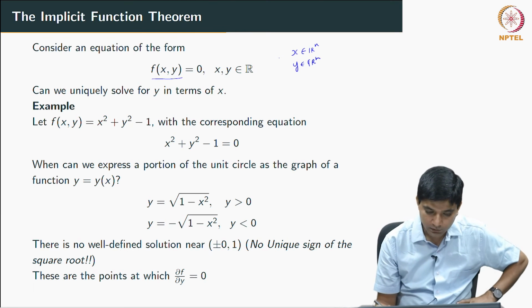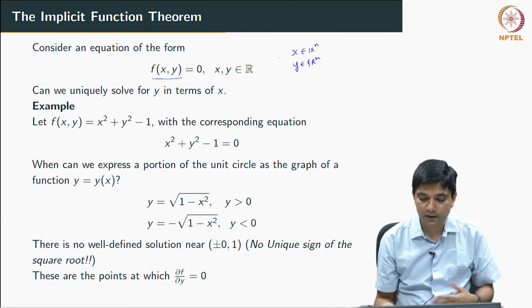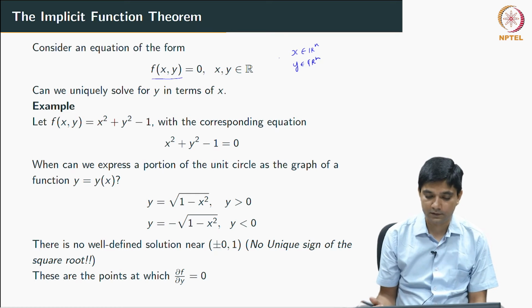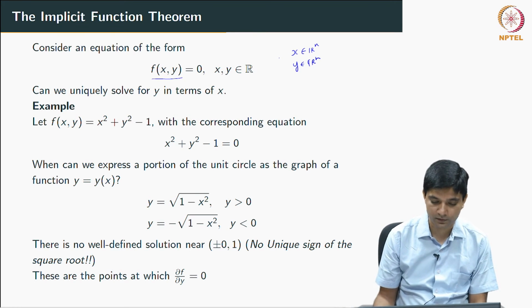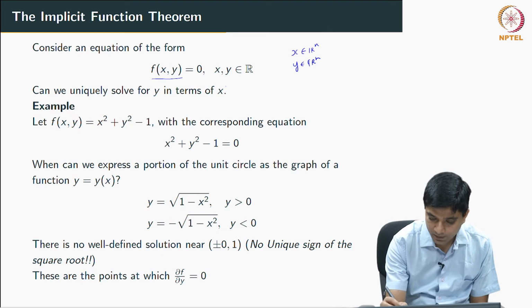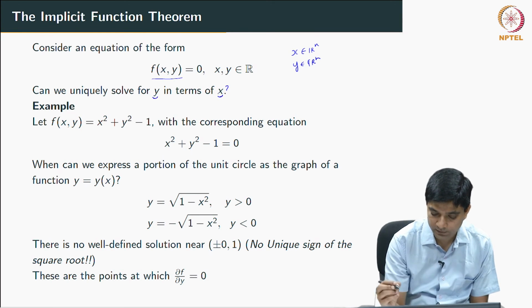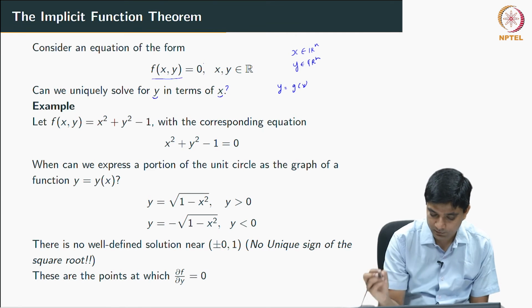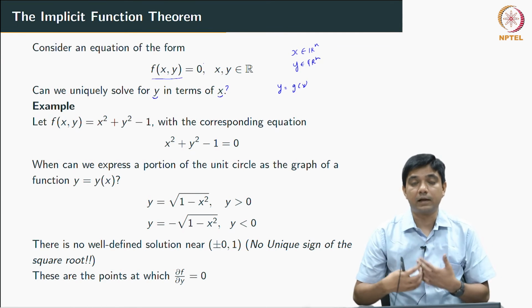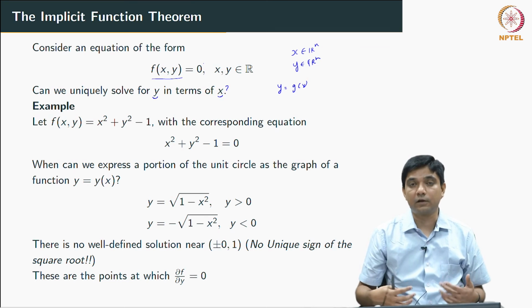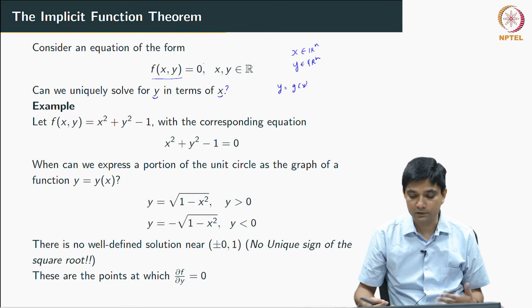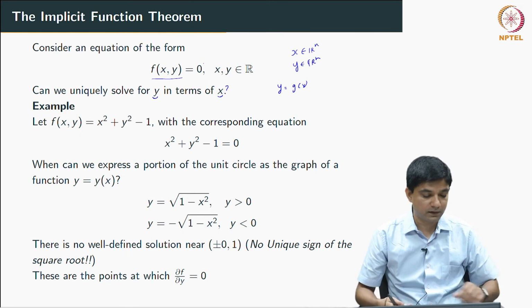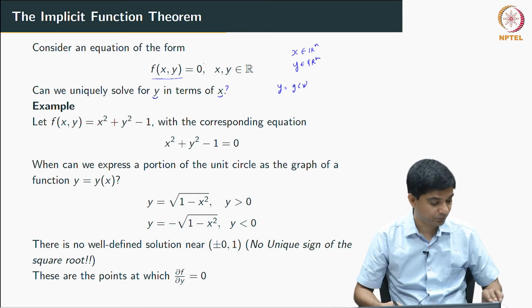Before I derive necessary and sufficient conditions for existence of bifurcation, I just start by asking a question: can I uniquely solve for y in terms of x? In other words, can I write y as some function of x? If I can, can I write it in all conditions? If I cannot, what are those conditions? We will just derive that with the help of some small example.